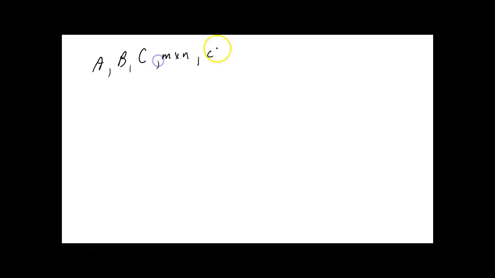C and D, scalars. Any real numbers. And with that given, the following properties are true. Now remember these are same size matrices.